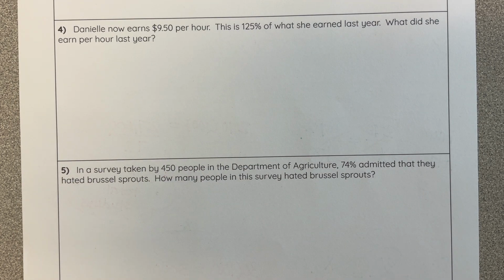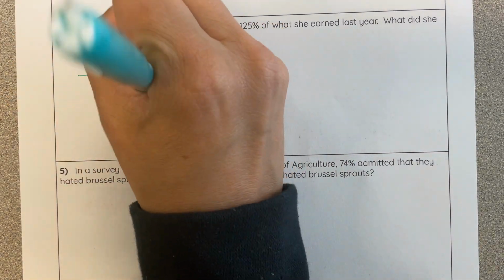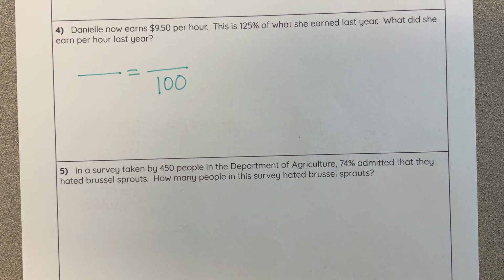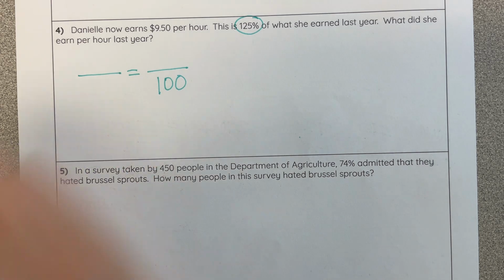All right, number 4, Danielle now earns $9.50 per hour. This is 125% of what she earned last year. What did she earn per hour last year? So setting up our blank proportion out of 100. Look for the percent right away. We have 125%. That goes on top of the 100.